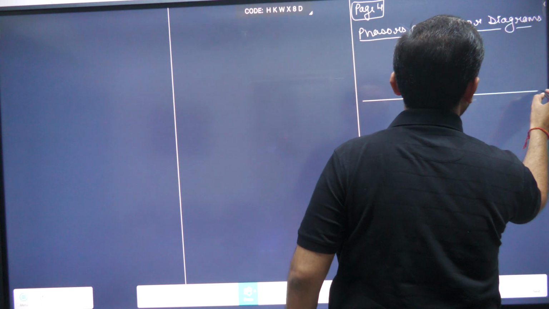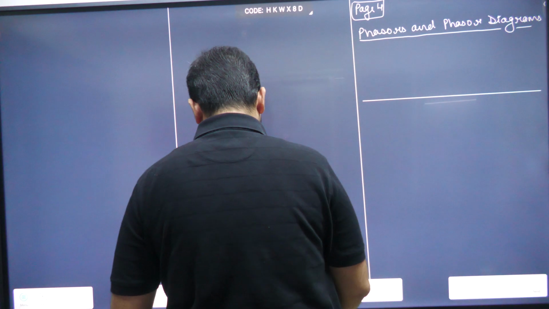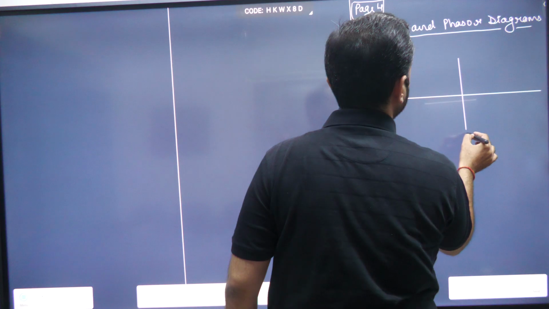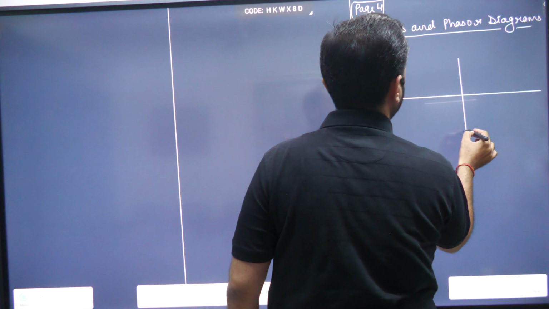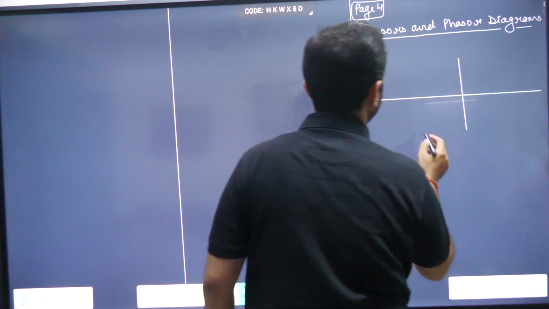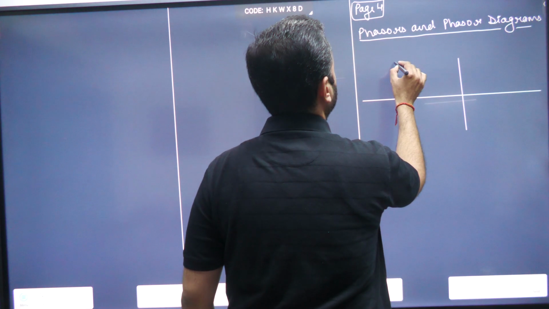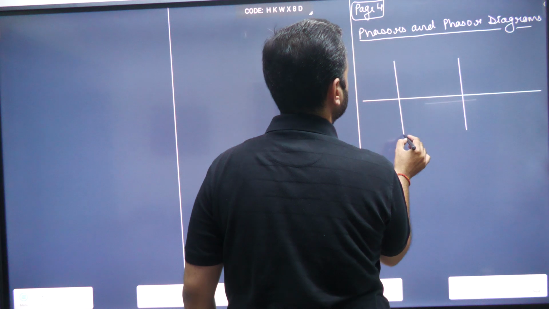We draw a horizontal line like this, and on this horizontal line we draw a vertical line here just to show the x-axis and y-axis, and then we draw another vertical line like this.